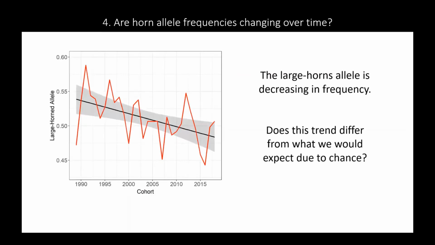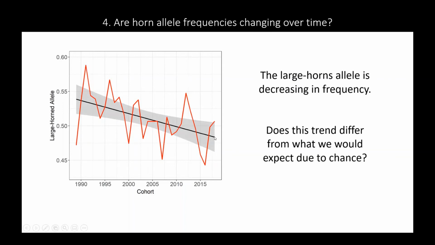So one measure of evolution within a population is trying to determine if allele frequencies are actually changing over time. We did find that in this population, the large horned allele is actually decreasing in frequency. Over a 22-year period, or possibly more than that, we found that there was a decrease from about 0.54 to below 0.5.